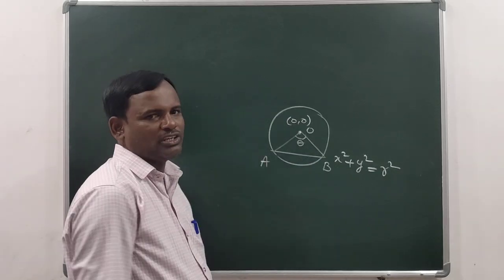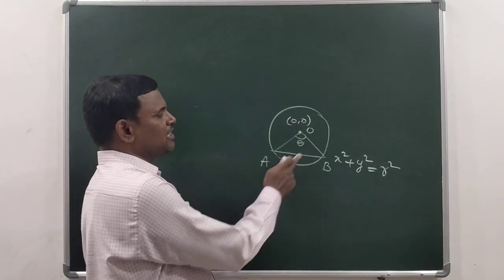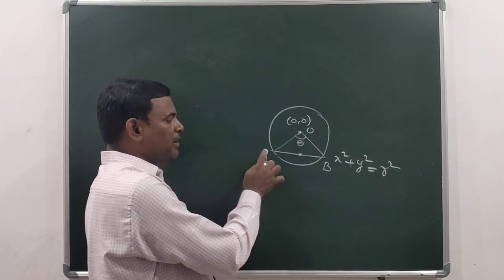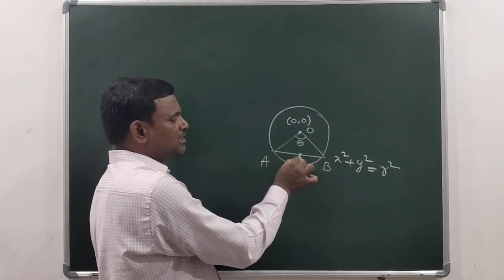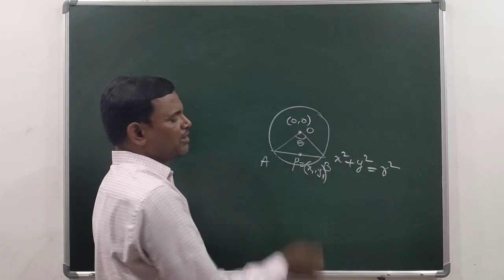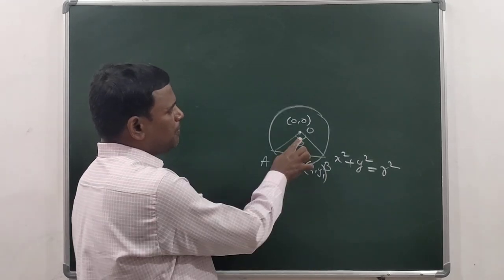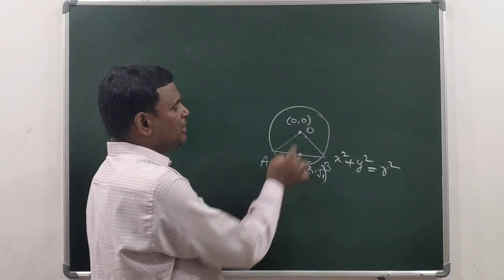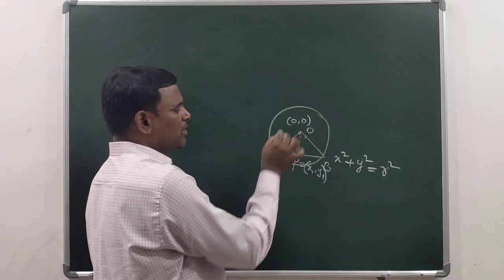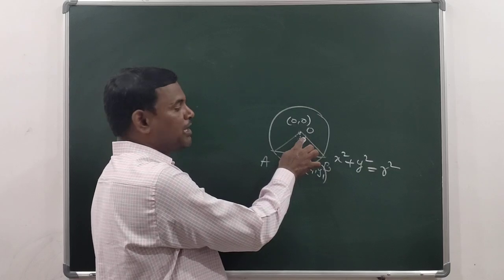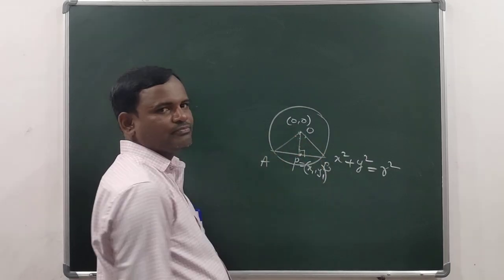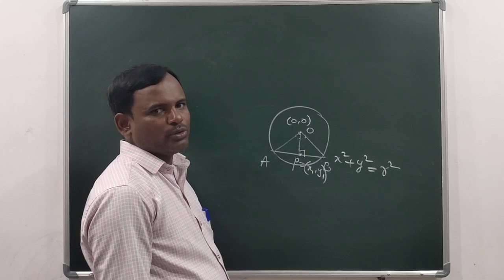Now let us find its equation. To find that equation, see students, take the midpoint of this chord AB. Let us consider its coordinates as x1, y1, and drop an altitude from the center to AB. If you drop an altitude from the center to AB, it will meet the midpoint of the chord, you know that.